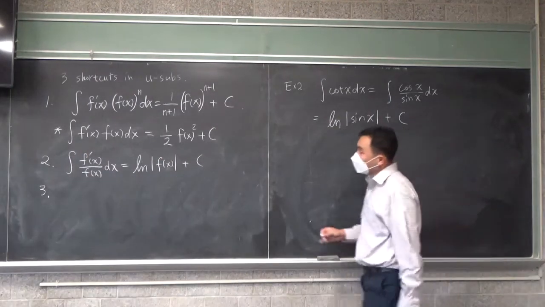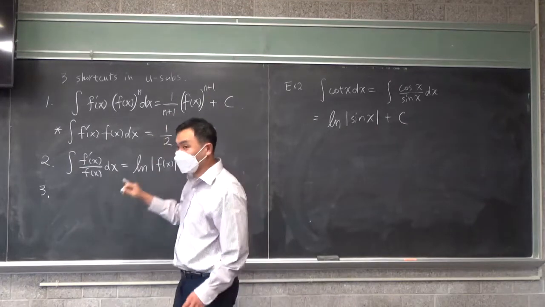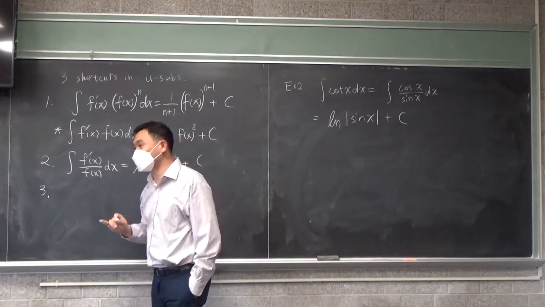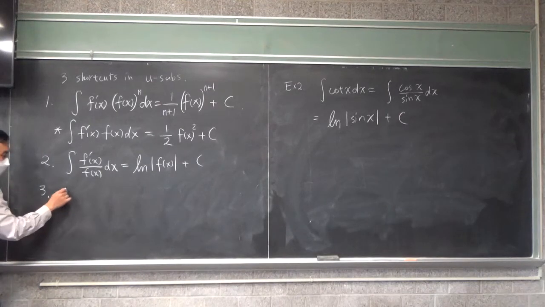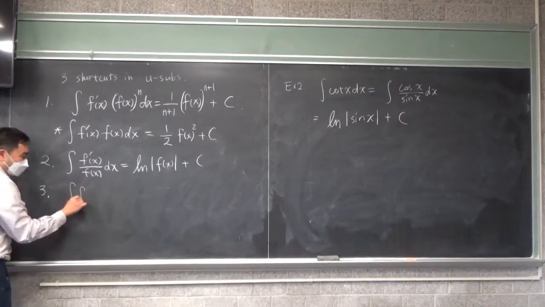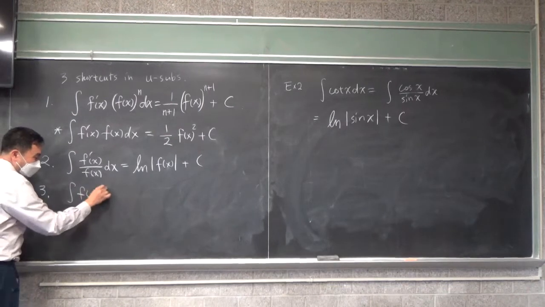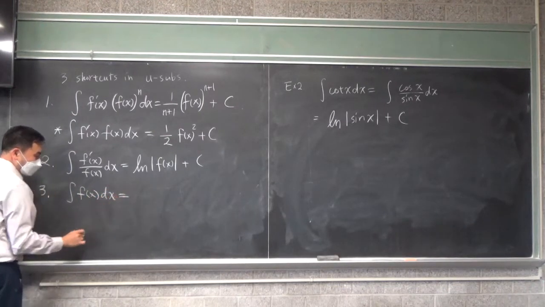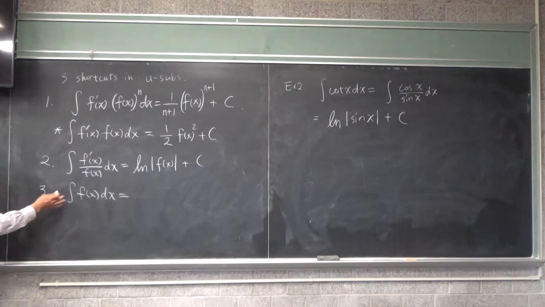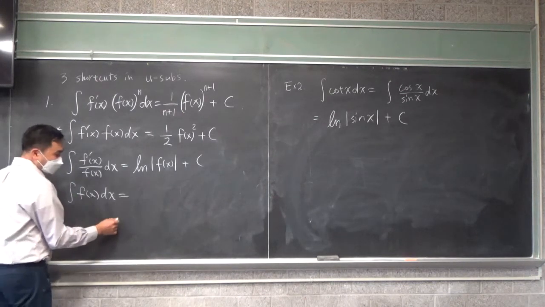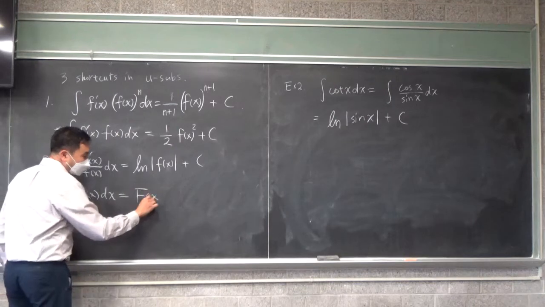Okay, number 3. I think I already showed you examples of the other ones before, but number 3 is something that you haven't seen before. So I'm going to write it down, but you might not understand what I wrote down until you see an example. Let's say you have the integral of f of x as capital F of x plus c.